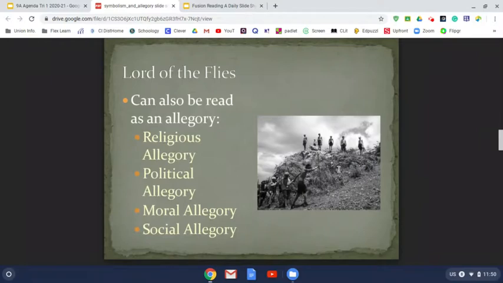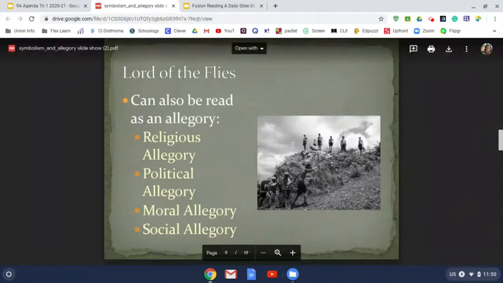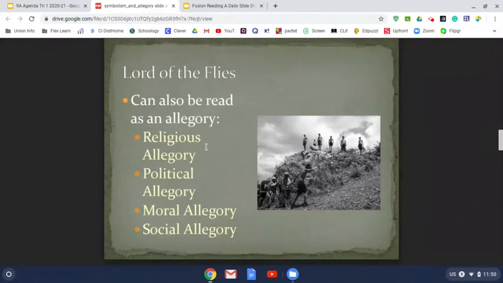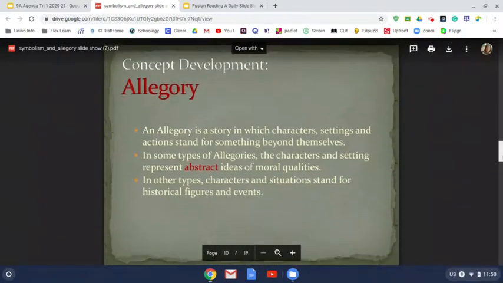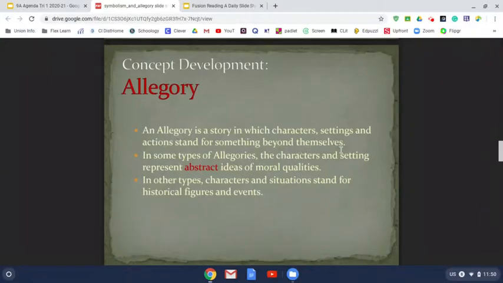There are religious aspects to the whole story. There are political aspects to the whole story with these people on the island, moral and social. So not only is it literally a story, but it also has deeper meaning through religion, politics, moral, and social concepts. Those are all allegory because they stand for something beyond themselves.